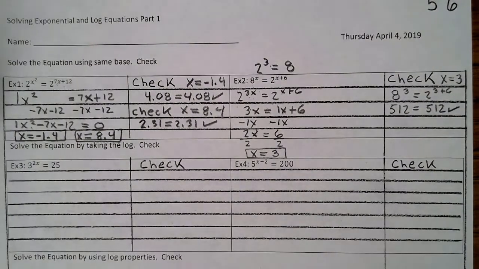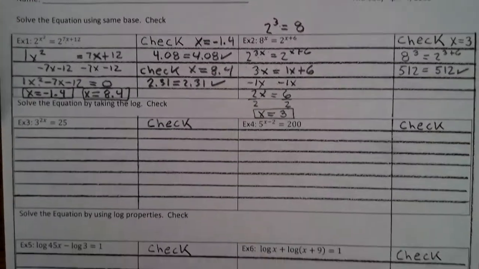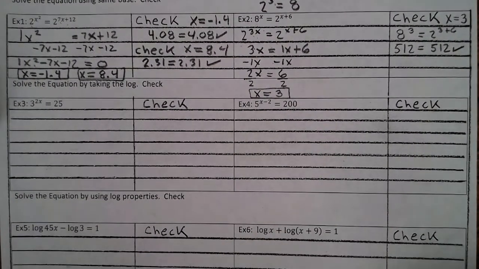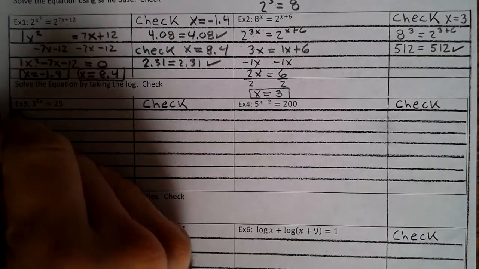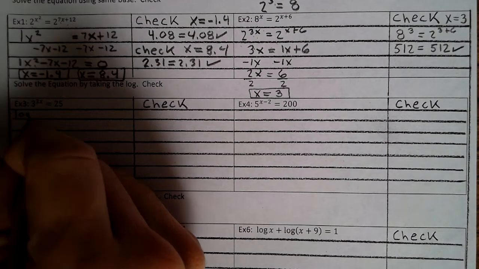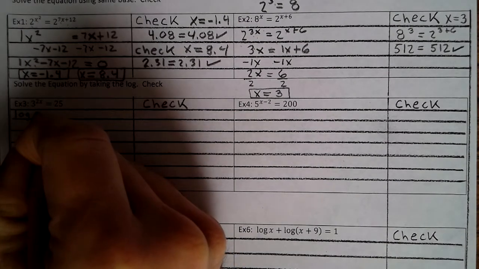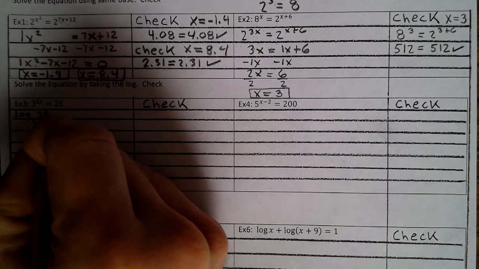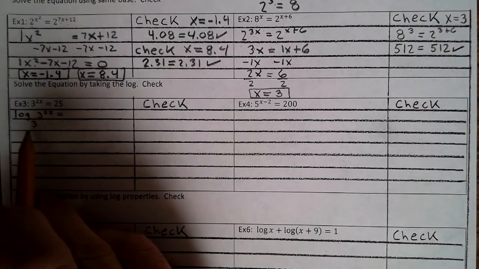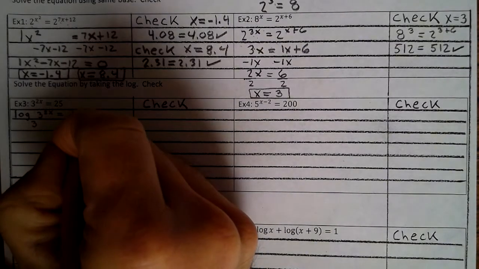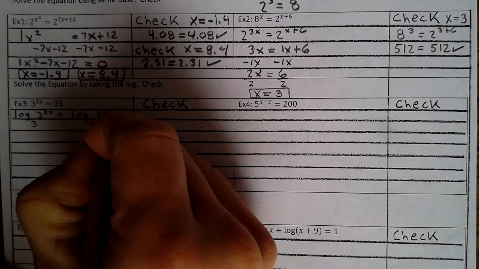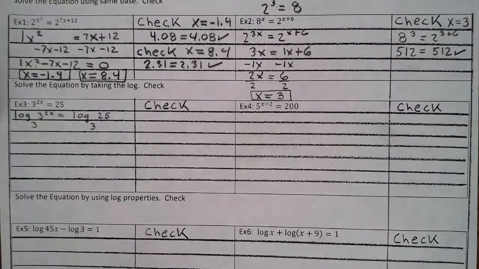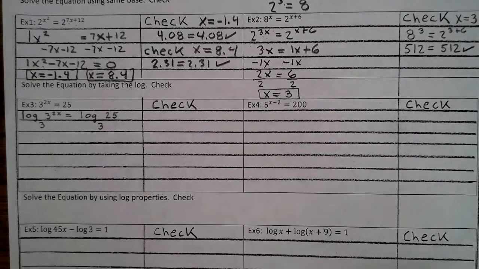All right, now let's take a look at example 3. Now, solve the equation by taking the log of both sides. So what we're going to do is we're going to take the log base 3 of 3 to the 2x. Now, what you do to one side, you have to do to the other. So log base 3 of 25. Now, the reason we do that is because log base 3 of 3 becomes 1.